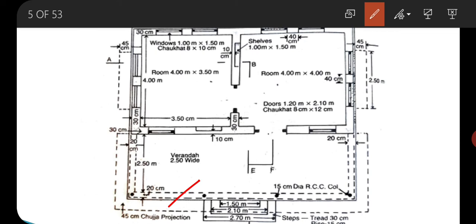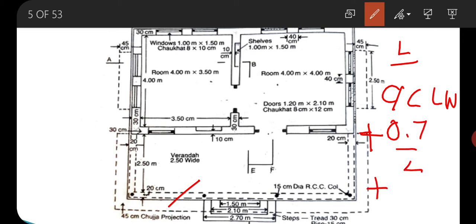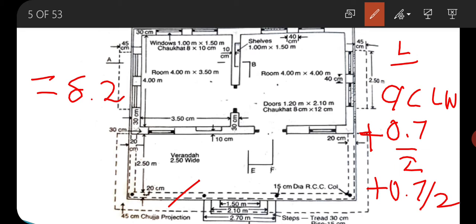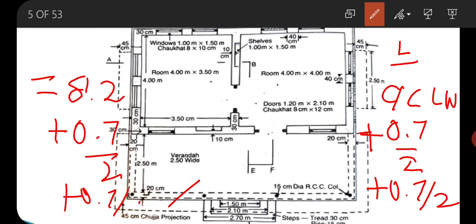This is the long wall. Clear? So the length will be equal to the center to center length of the long wall, and we will add half of the width of the foundation on both sides. So the center to center length of the long wall of the veranda is 8.2. With this we will add 0.7 by 2 plus 0.7 by 2.